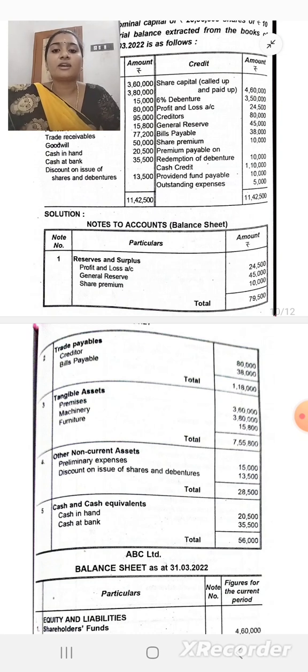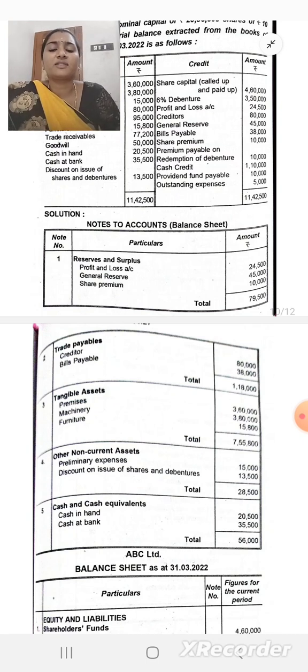Profit and loss account is 24,500, given on the credit side of the trial balance, general reserve is 45,000, and share premium is rupees 10,000. These three items are recorded in the reserves and surplus column, totalling 79,500.